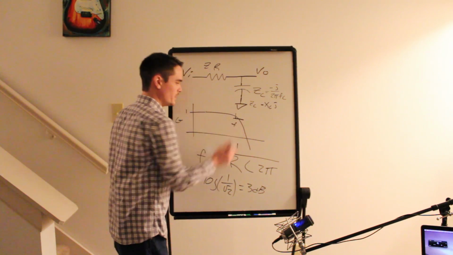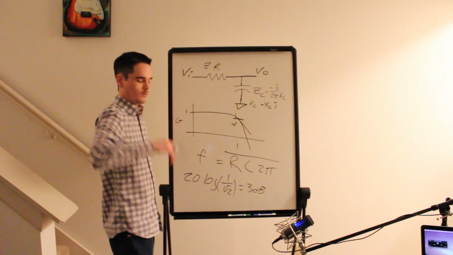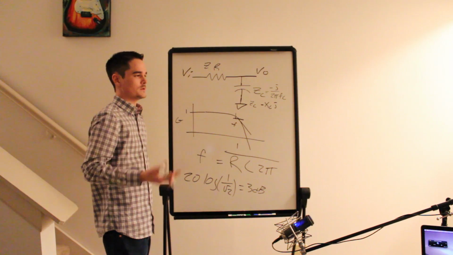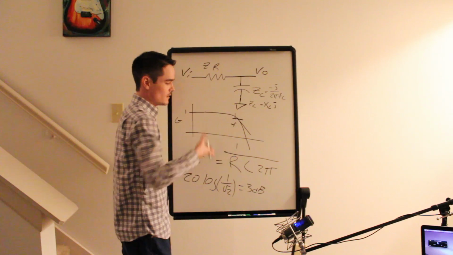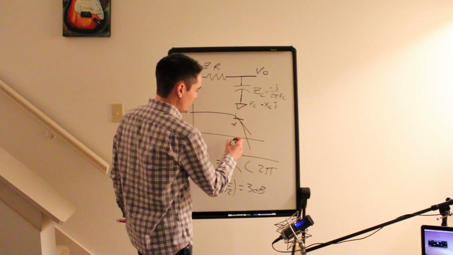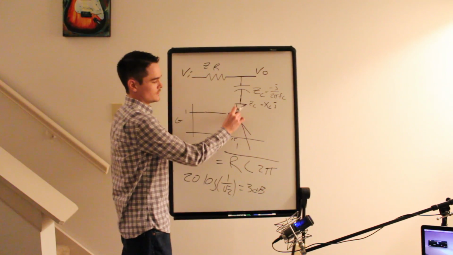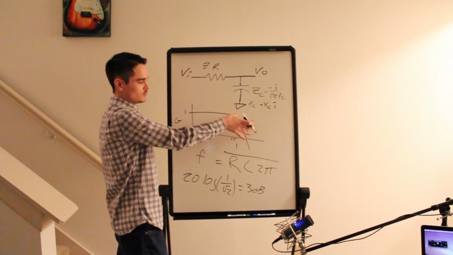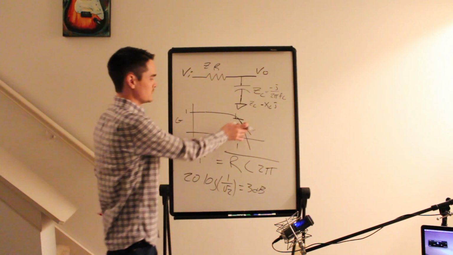Then, at this point, it starts falling at 20 dB per decade. So, 20 dB per decade, what does that mean? That means it's going to fall 20 dBs per 10 times of whatever your frequency was. So if this was like, I don't know, 15 hertz, then it's going to fall 20 dB per 150 hertz or whatever.